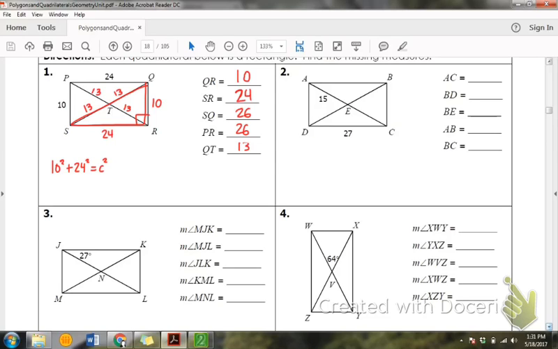Number 3 is now going to deal with the angles inside. Okay. So one piece of it is 27. Does that mean, Brian, that the other side of it is also 27? No, I mean like the underneath it is also 27? Like angle MJL, is that also 27?